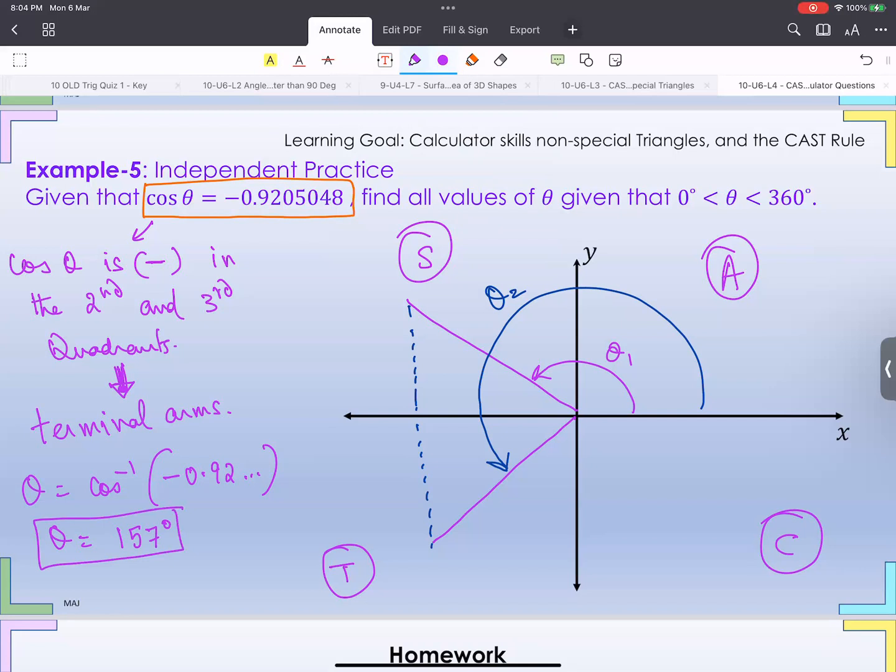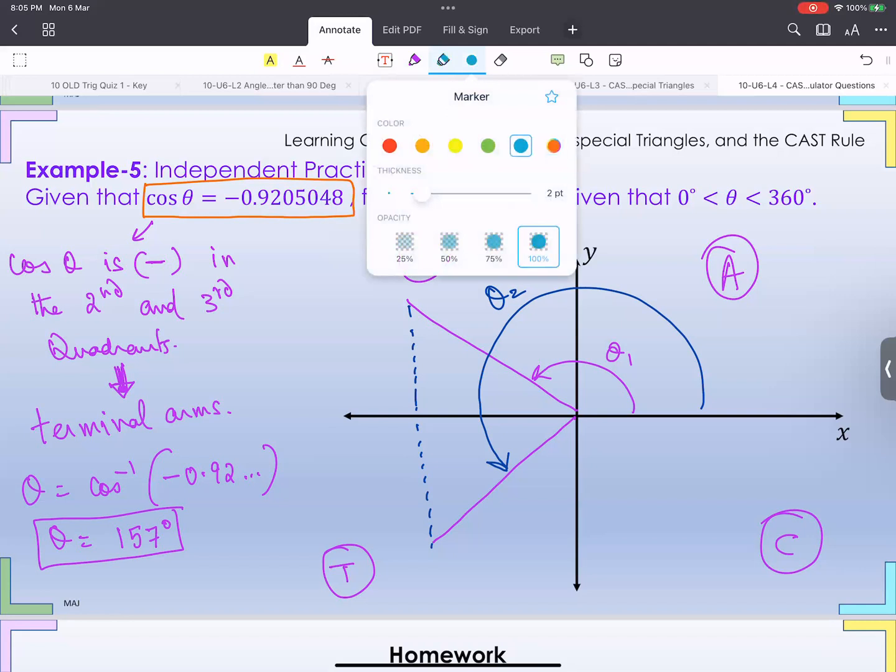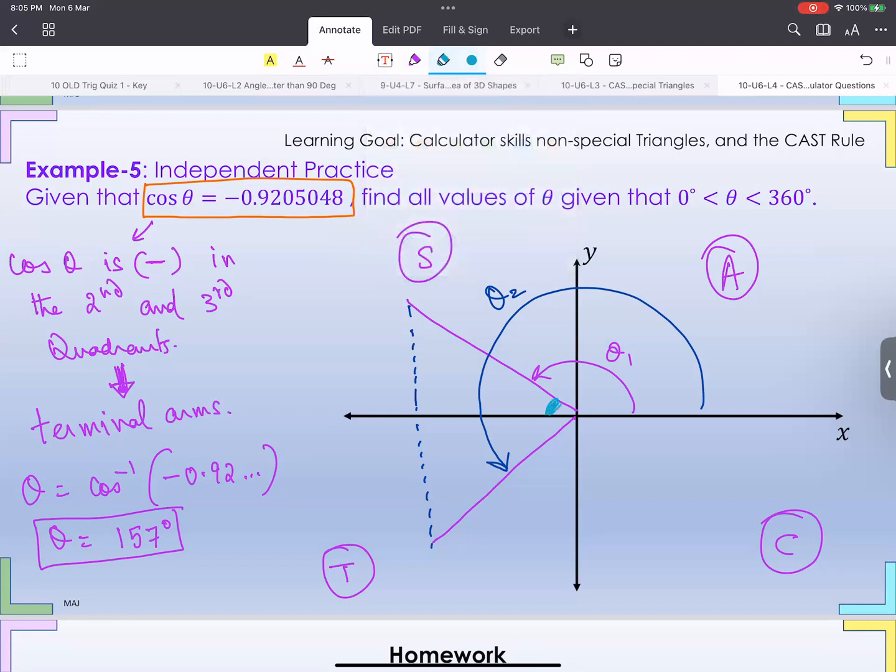But that's not going to be very helpful. You cannot just add something onto 180 to get theta 2. I need to find the related acute angle here. And how do I find alpha? Alpha is 180 take away 156.999, which is 157, which is 23 degrees.